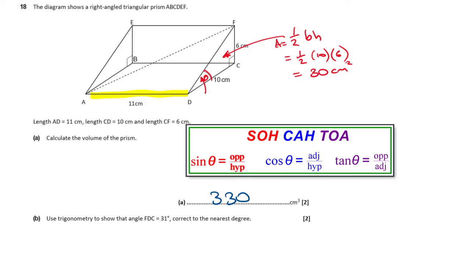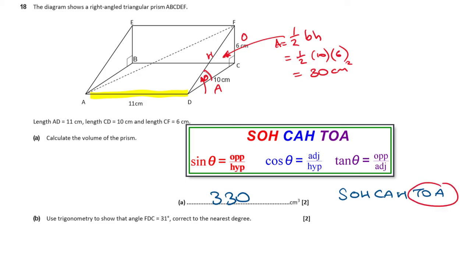This is the opposite, this is the adjacent, this is the hypotenuse. So I've got the opposite, I've got the adjacent, I don't have the hypotenuse, don't want the hypotenuse. So which ratio do I need? Well, using our handy mnemonic, SOHCAHTOA, the one that we want is the TOA part, isn't it?